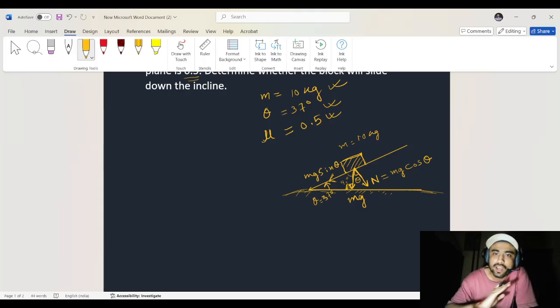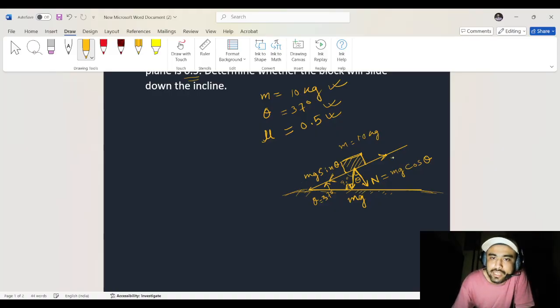It will never stop unless there is a resistance. So in a practical case, there will be at least some amount of force acting in the opposite direction.